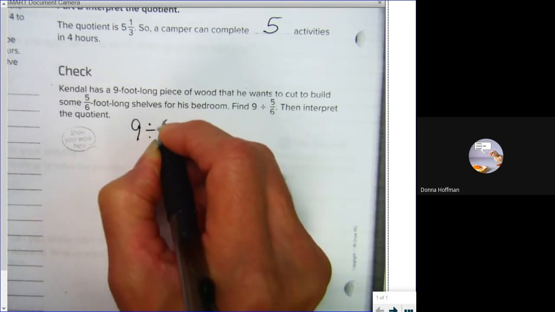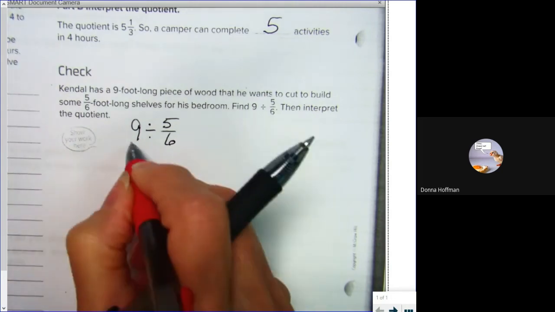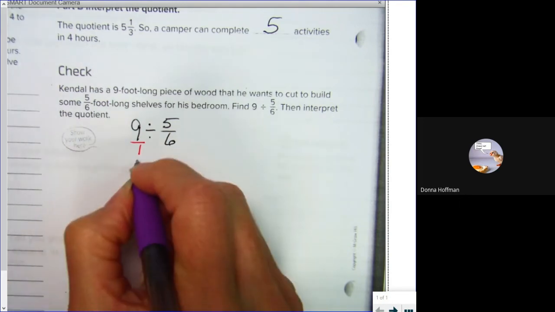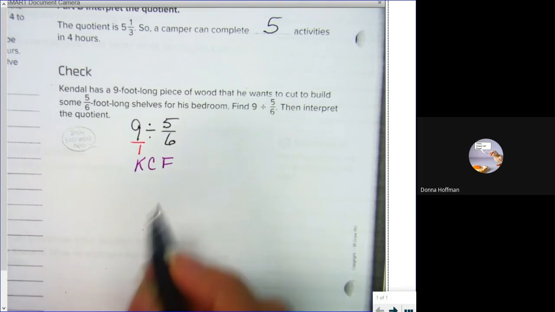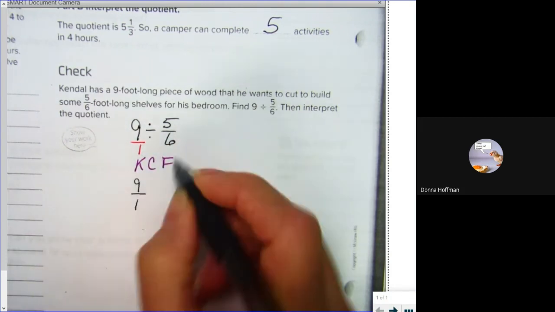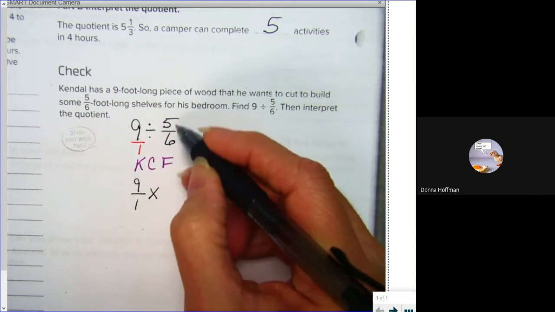9 divided by 5/6. I have to place my whole number over 1. And then I'm going to look at keep, change, flip. So that means I keep my first fraction, change my division to multiplication, and now I'm going to flip my divisor.